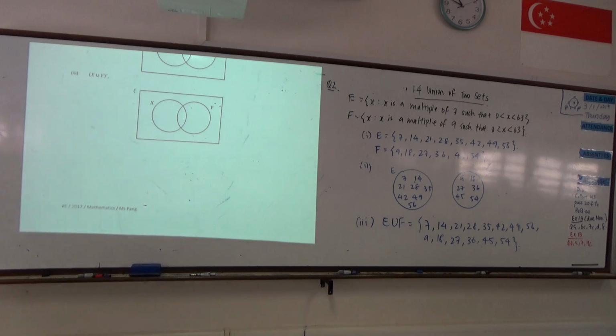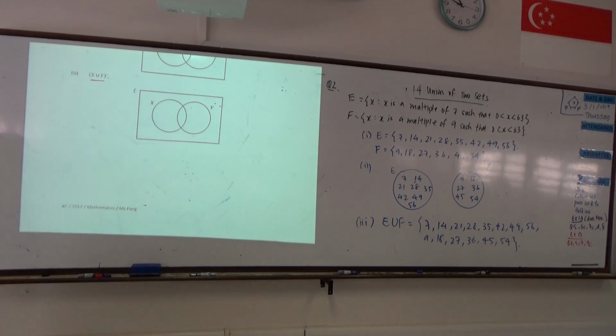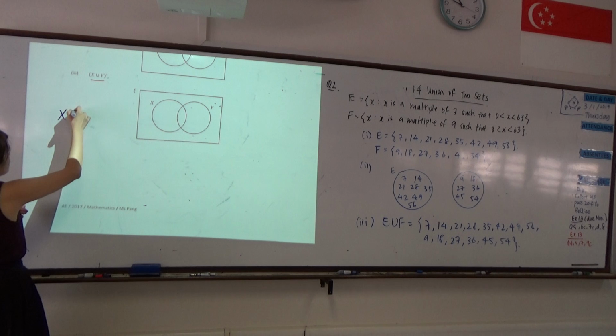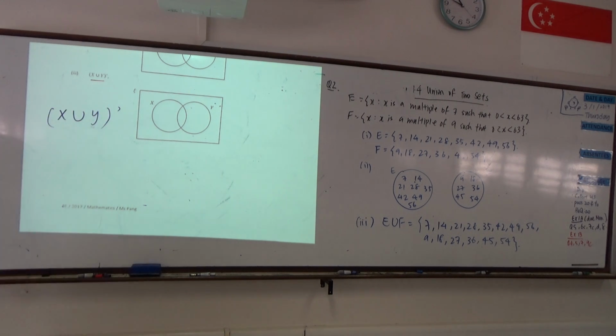Now let's look at part 3. We are looking at x union y, then outside there is a complement. So we look at x union y first, then the complement outside the brackets. It is like your usual operation where you do things inside a bracket, then you do things outside.